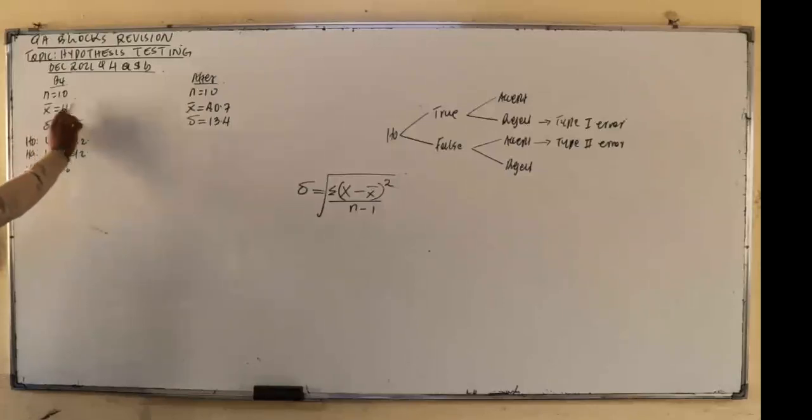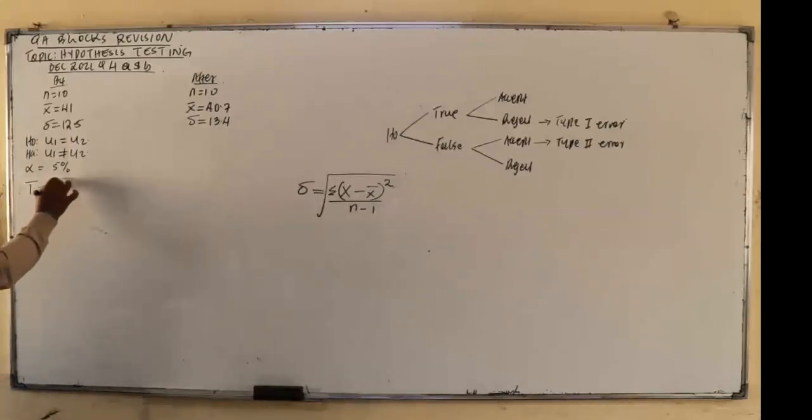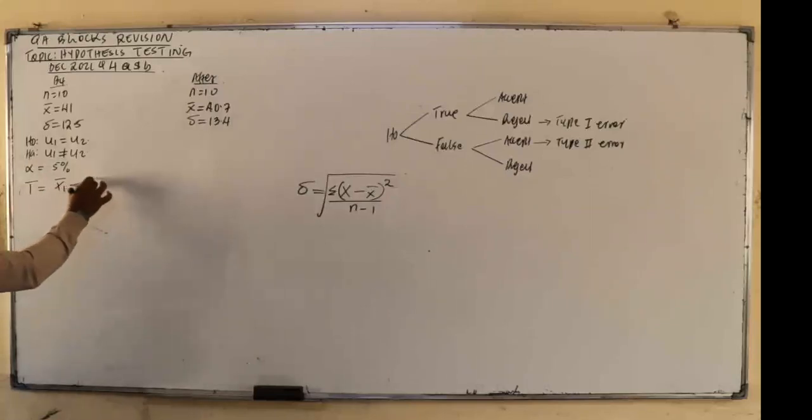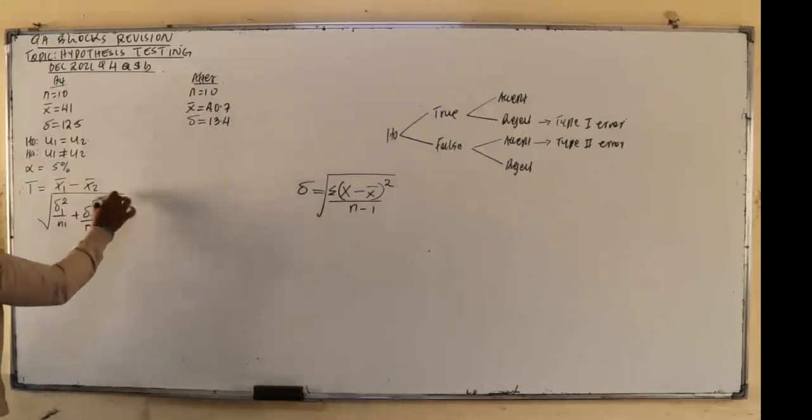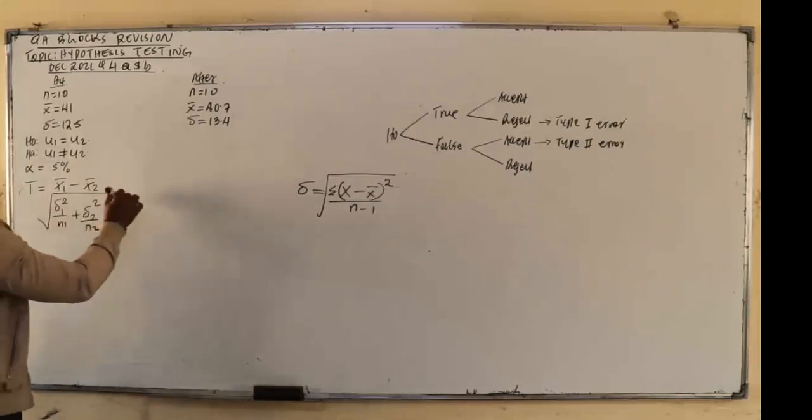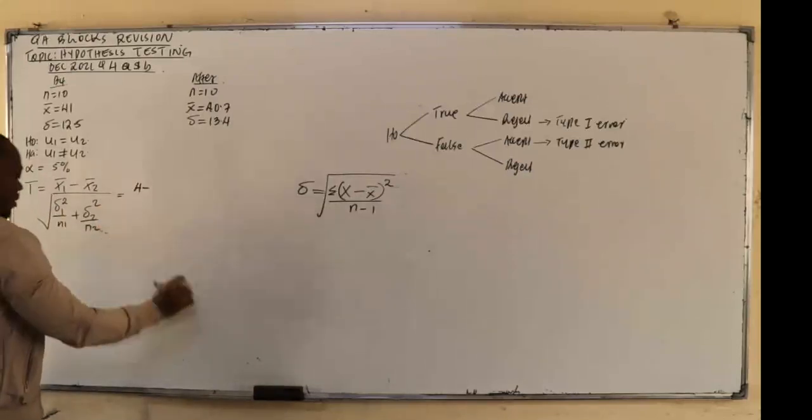Then n is less than 30, so therefore use the t-test. But the formula is the same: X bar 1 minus X bar 2 over the square root of standard deviation of 1 squared over n of 1 plus standard deviation of 2 squared over n of 2. X bar 1, the mean we have, is 41.